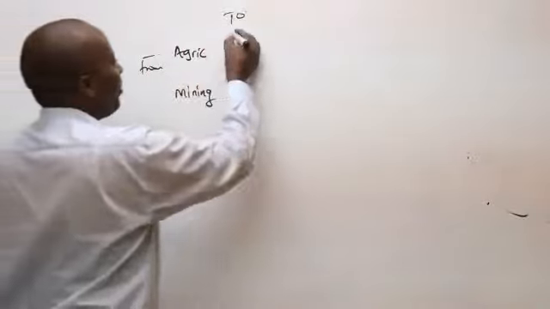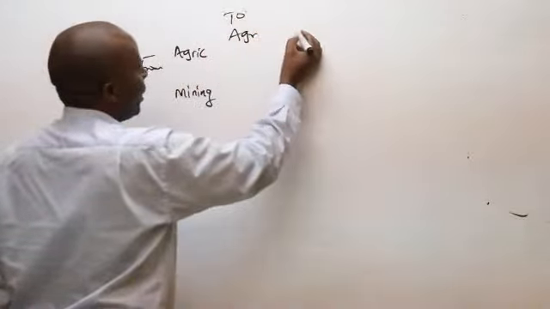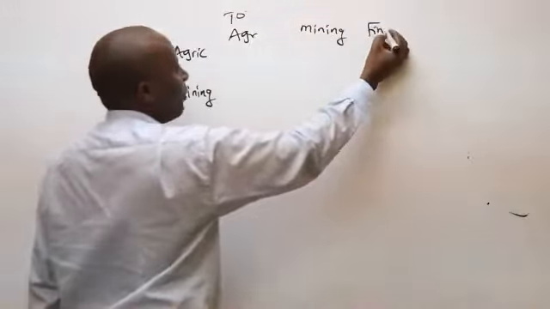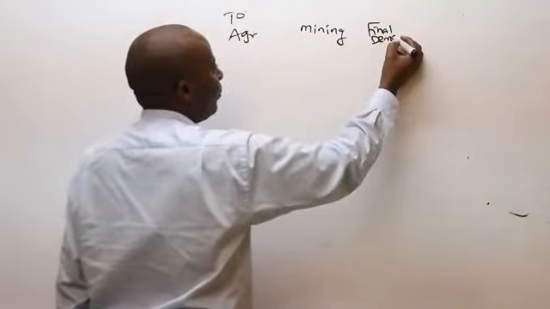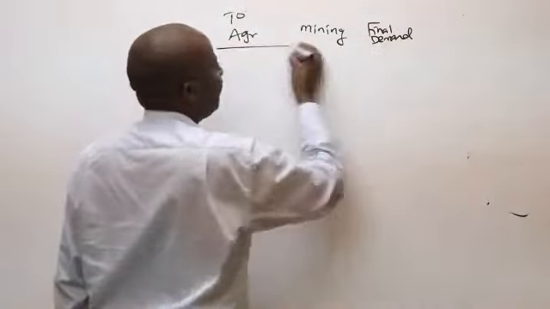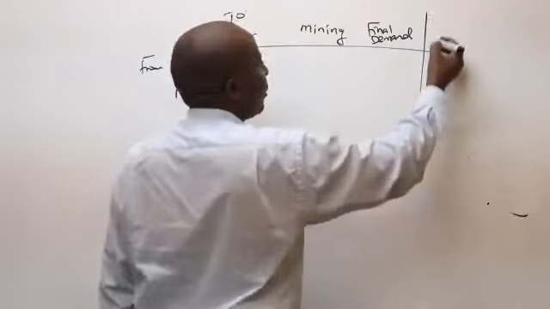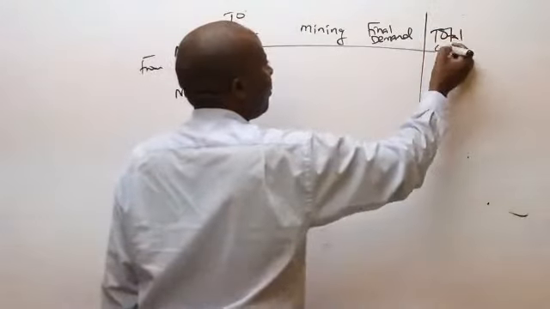We have the same matrix here, agriculture, mining. Then we have the final demand. Then it will give you what we call the total output.